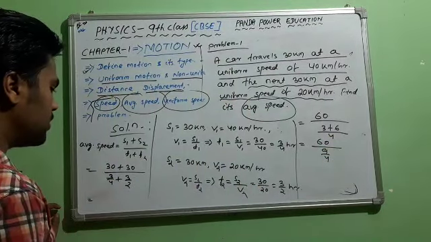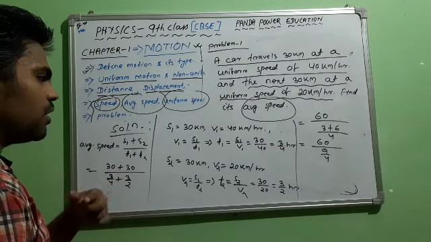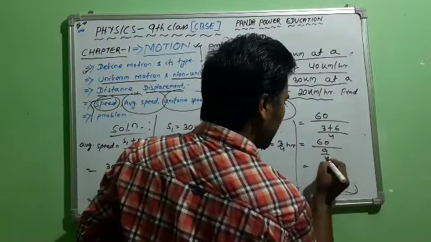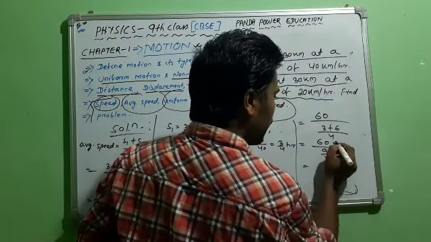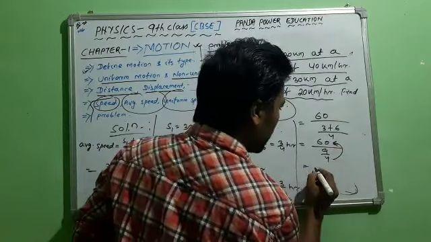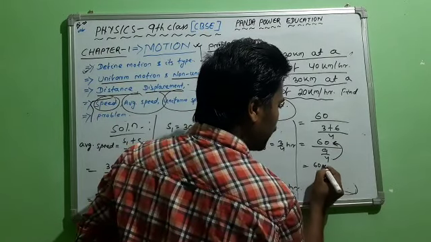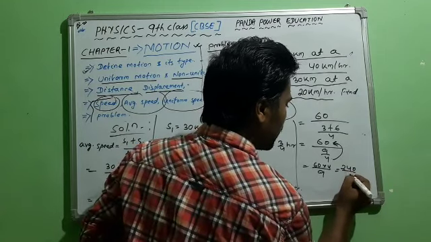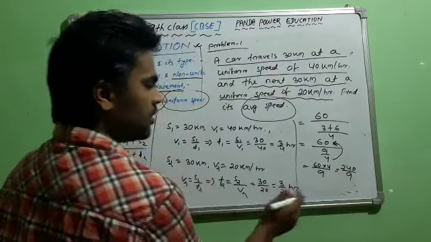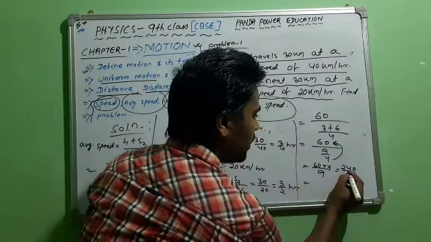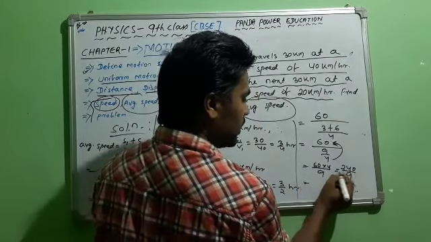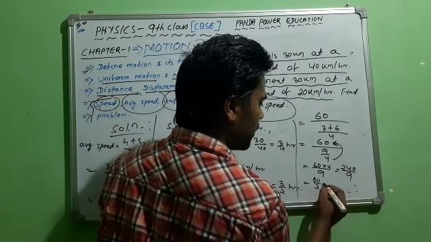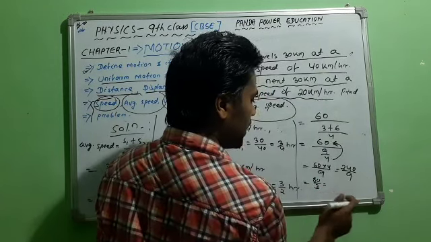Got my point or not? 3 plus 6 is 9, and now 4 comes to the numerator. Now 60 into 4 divided by 9, that is 240 divided by 9. Got it? Now divisible by 3, that is 80 by 3.